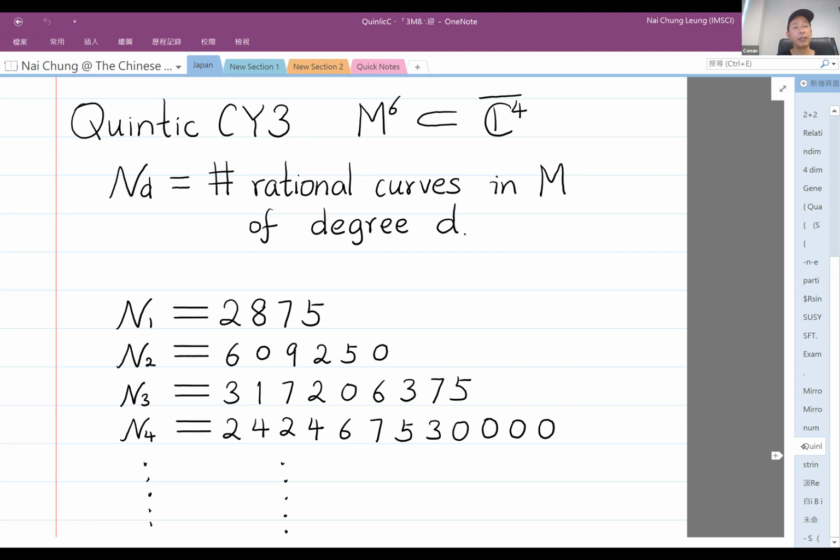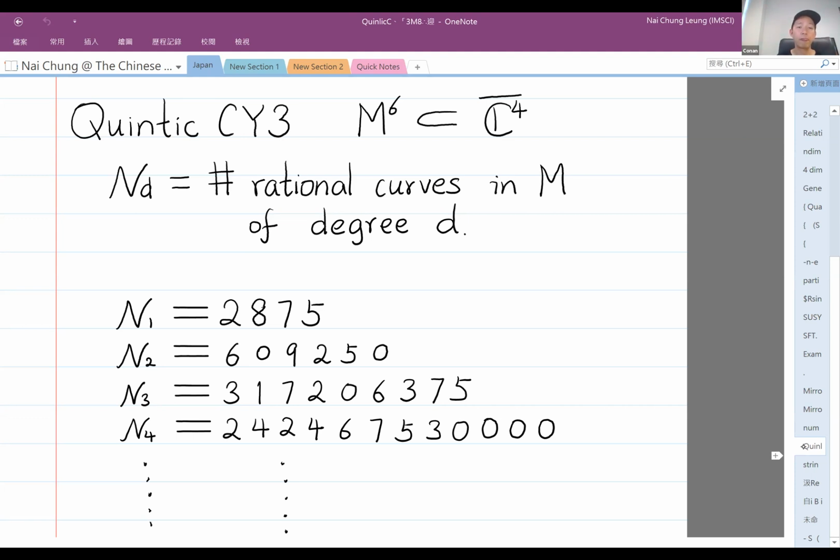Similarly, you just want to count the number of rational curves in here of any degree. Degree 1 is just the number of lines. It's 2,875. This number was computed many years ago, so it has been known for a very long time.